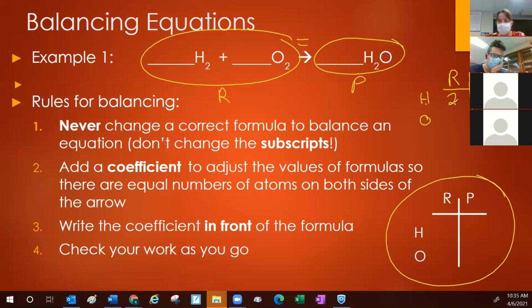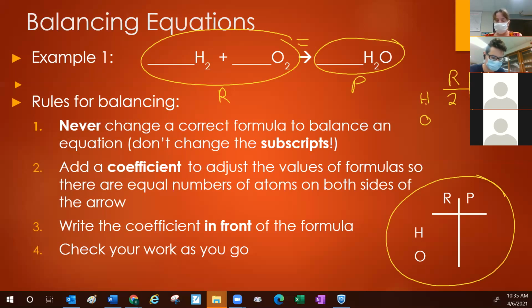Even though hydrogen is part of a compound now, we can still see that within this compound, there are 2 hydrogens. So this is great. That means our hydrogen is already balanced, meaning this equal sign is true. There are 2 on the left and 2 on the right, so they are in fact equal. As of right now, we don't have to change anything that relates to our hydrogen.